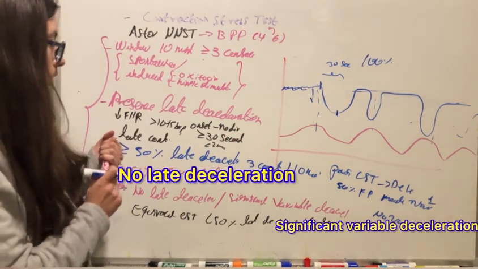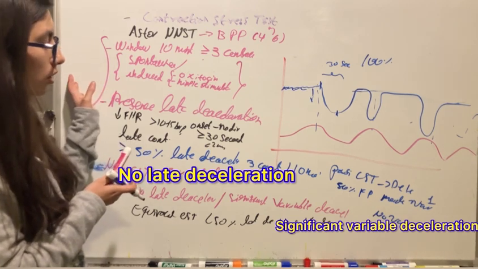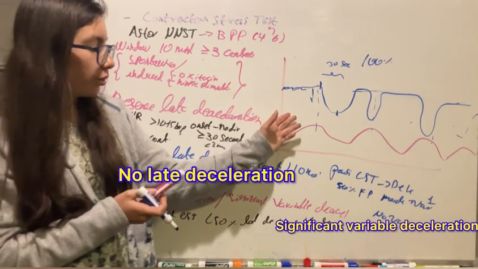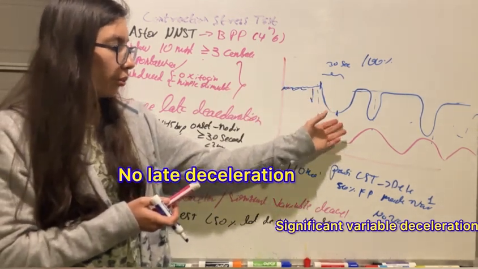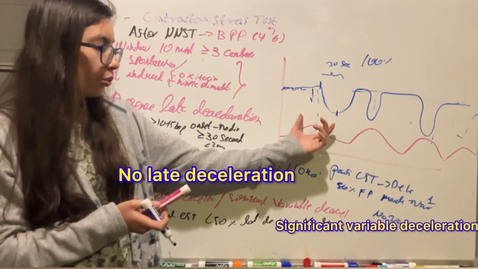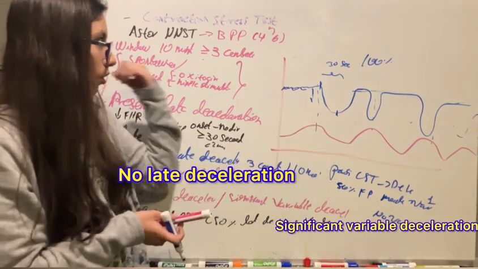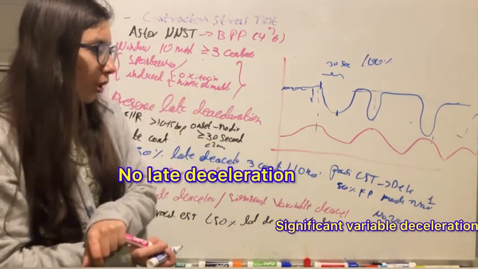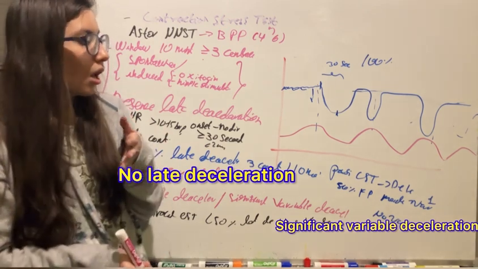But in summary, the contraction stress test depends on the amount of late decelerations in response to a provoked or spontaneous contraction, and this is done after a non-reactive stress test or after a biophysical profile of 4 or 6.